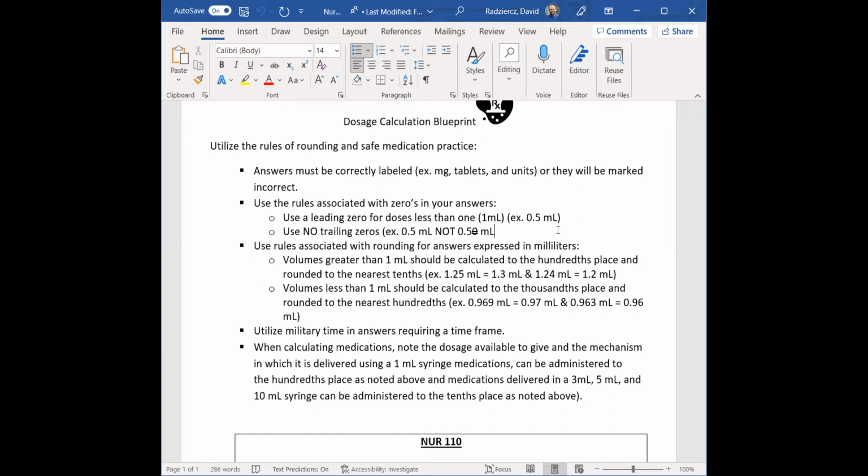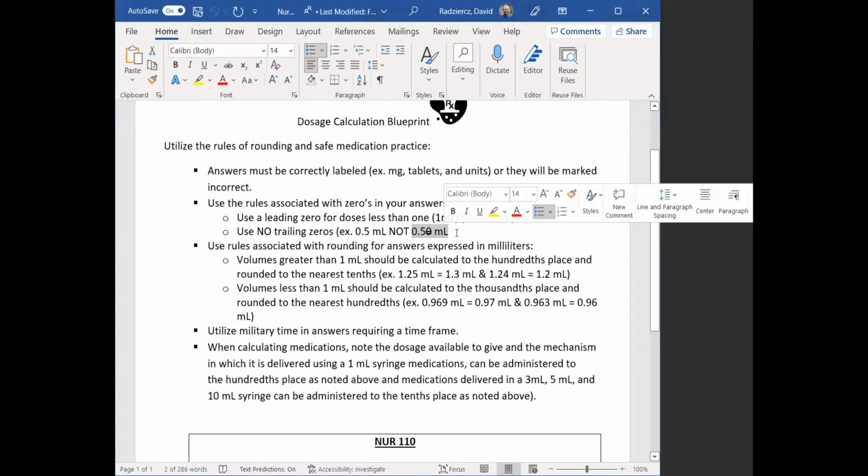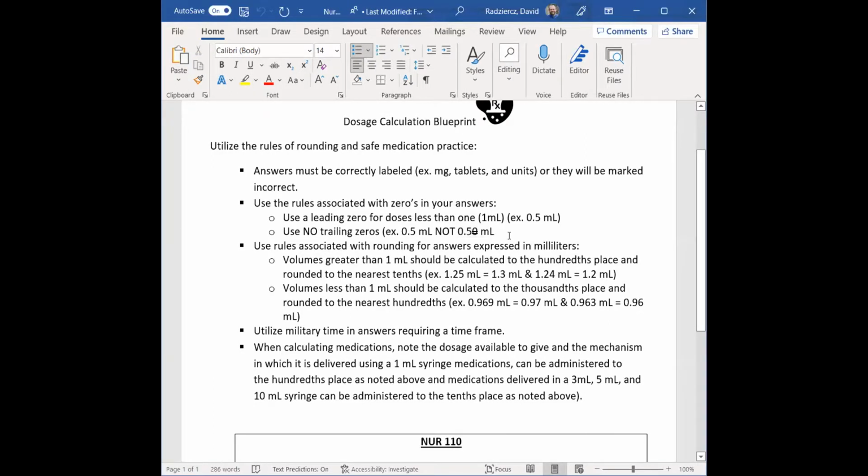If it's a number greater than 1, or even a number less than 1, we don't need to add trailing zeros. So going back to this example, the 0.5 milliliters, it's not 0.50 milliliters. What you're trying to eliminate is the potential that somebody reading your handwriting, or even the typed-up record of what you administered, would want to make sure it was 0.5 milliliters and not 50 milliliters.